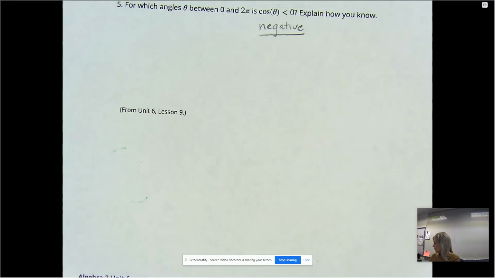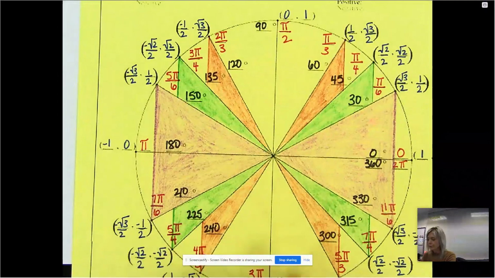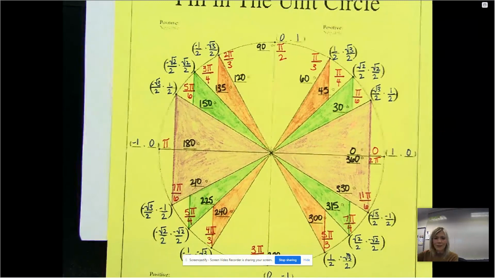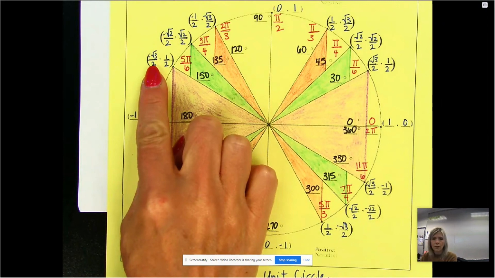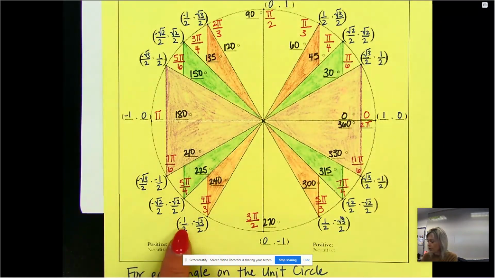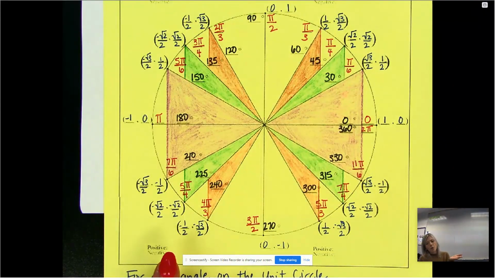So when we look at our unit circle, I know that cosine is negative in quadrant 2 and in quadrant 3. Those are all negative cosine values. So I could say, between quadrant 2 and quadrant 3. But the question's asking the angle measurements between 0 and 2 pi.